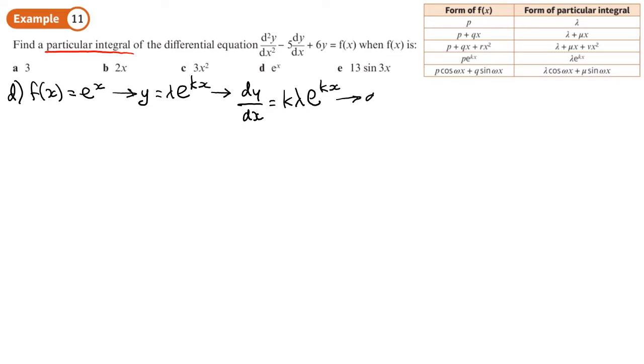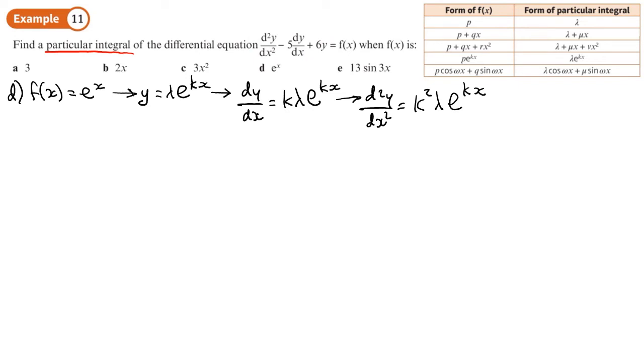And then we differentiate it again, and we'll have k squared lambda e to the kx. These get now substituted into the left hand side of the differential equation.